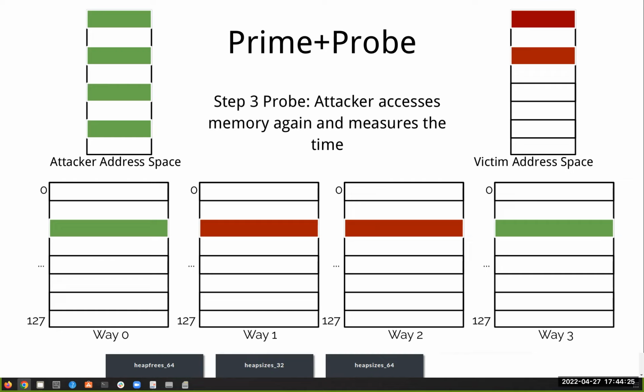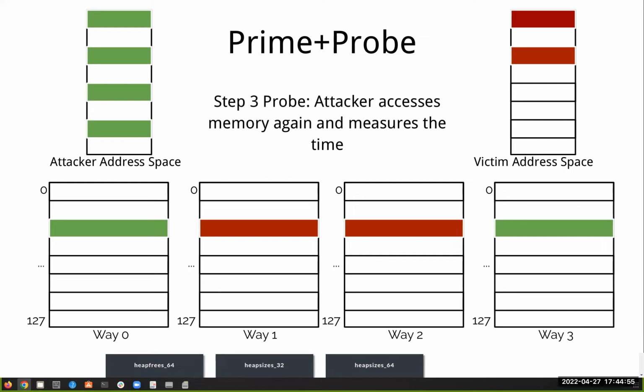The goal of the attack is not to slow down the program. It's trying to figure out what address the victim is accessing. That's the goal. Why is that important? I'll give you an example. In AES, how many of you took a crypto class before? Okay, so let's say we have an AES algorithm. The AES will encrypt your data based on your crypto key.